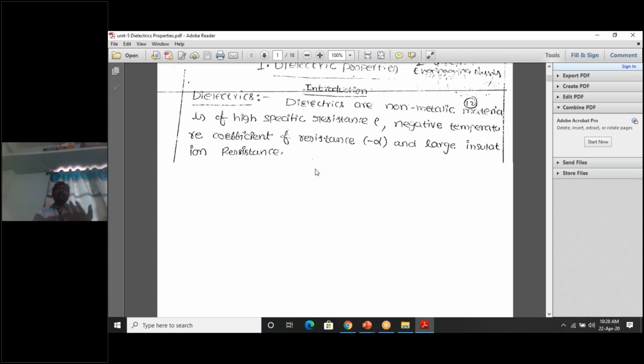Okay, so dielectrics have one peculiar property. What is that property? Polarization. What is polarization? That we will see later. Whereas an insulator does not show that property. For example, if you take rubber, you say that's an insulator. It's not a dielectric. Okay. So here what I am concluding is that all the dielectrics are insulators, but all the insulators are not dielectrics.